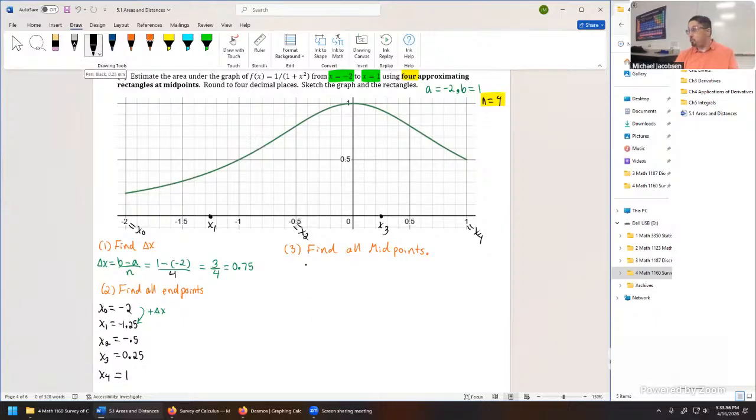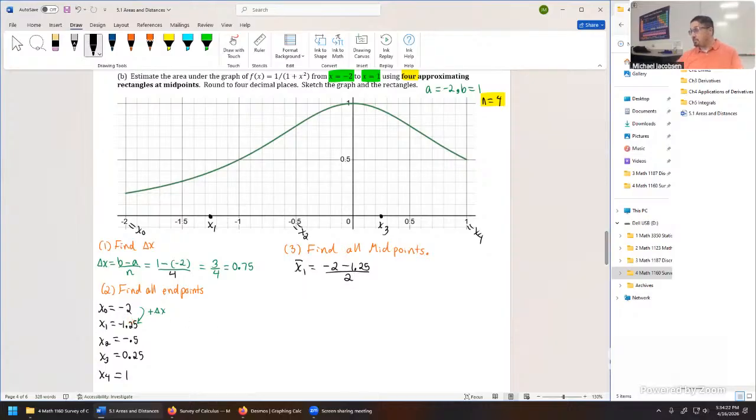And the name we give the midpoints is x bar. X bar typically means average in the statistics context. And it's a good symbol because the midpoint is going to just be the average between these two values right here. So x bar 1 is going to be -2 minus 1.25 divided by 2.